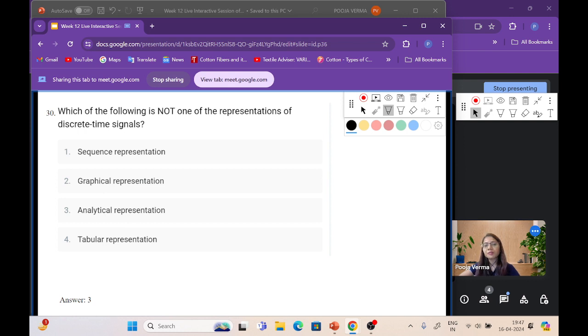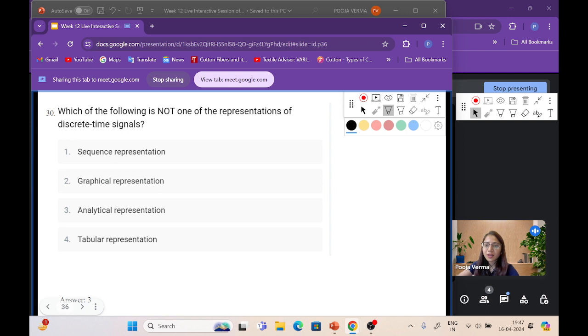The next question is: which of the following is not one of the representations of the discrete time signal? Option 1 is sequence representation, option 2 is graphical representation, option 3 is analytical representation, option 4 is tabular representation.